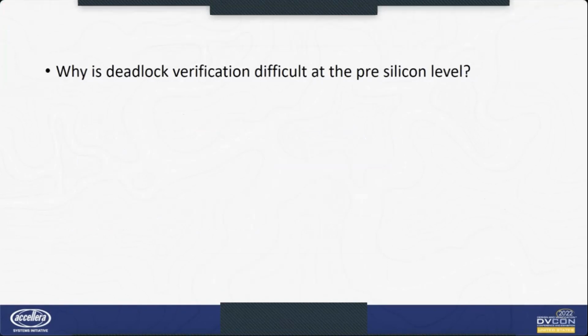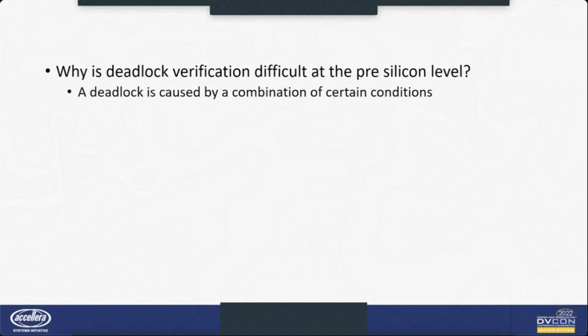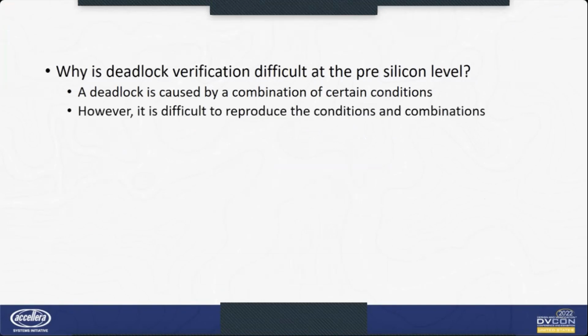Nevertheless, deadlock verification at the pre-silicon level still faces difficulties. The reason is, deadlock cases occur only when certain conditions are met. However, it is very difficult to reproduce the combination of this specific condition in the actual CPU operating environment.